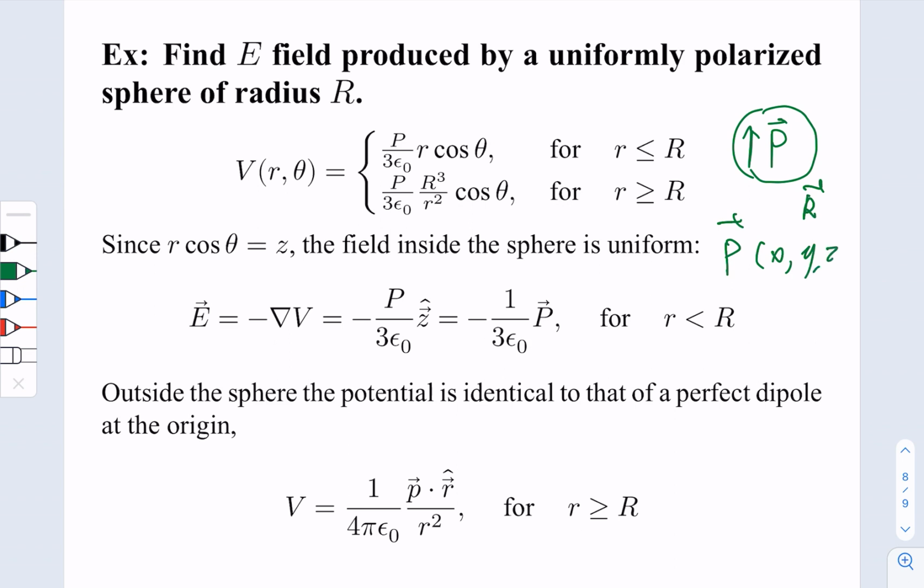So P is independent of x, y, z, right? But P itself has a direction, so this means that the direction must be fixed. You have to choose a direction by yourself, right? And if you align the z-axis with the direction of P, then this is what I draw here.